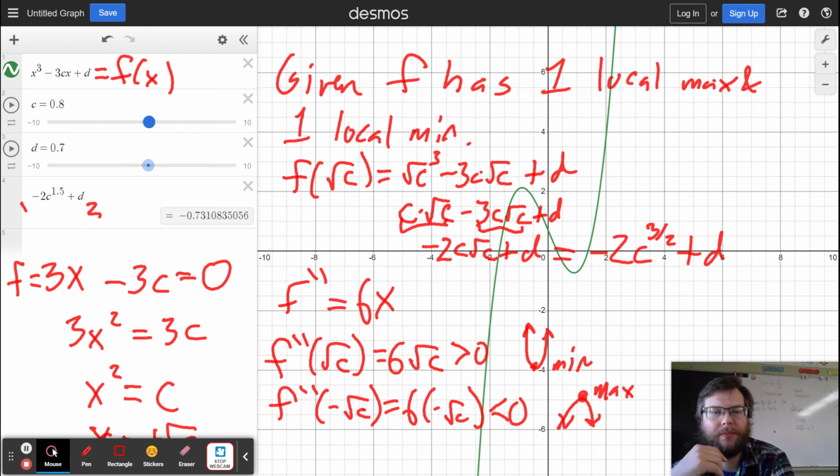And then similarly, if d is bigger than that value, so if I slide my d value up at all, then I get 3. So local max is bigger than 0, I get 3 x-intercepts.